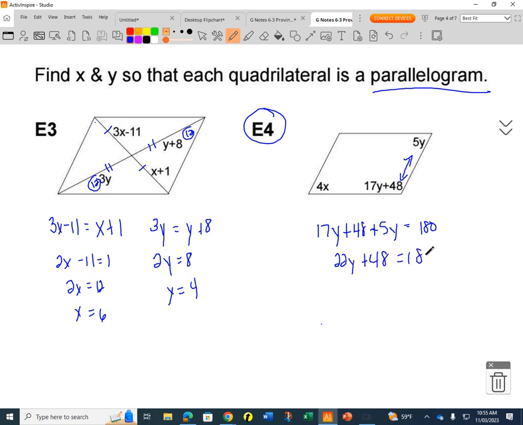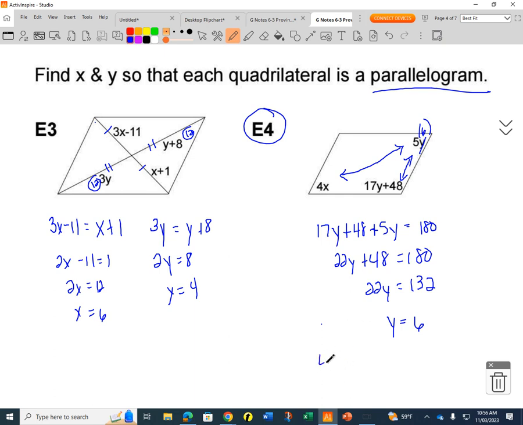I can combine my like terms. 22y plus 48. Subtract 48 from both sides. Divide both sides by 22. Now I know that y is equal to 6 if these are supplementary. Now once I know that y is equal to 6, I can go back and set these angles equal to one another because I can replace the y with 6, right?